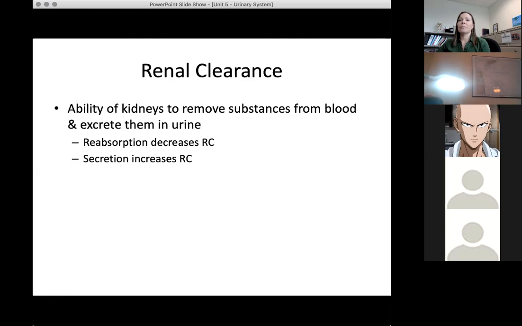Renal clearance is basically the volume of blood plasma from which a substance is completely removed per minute.